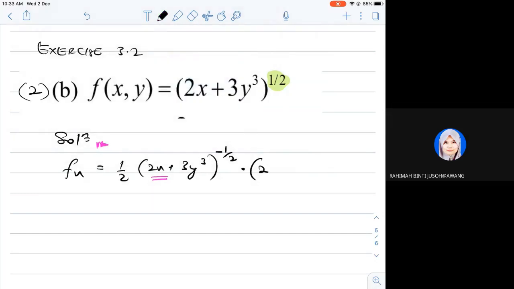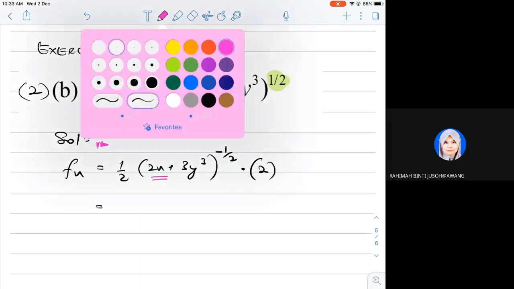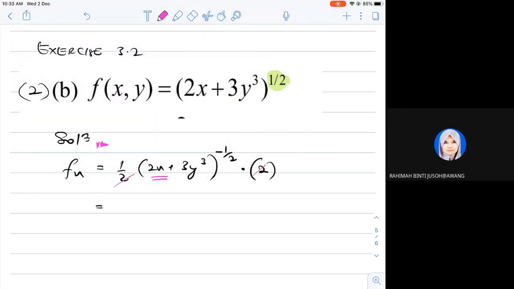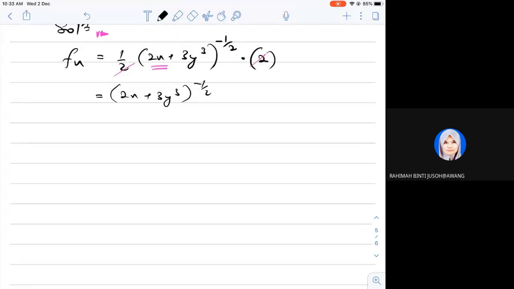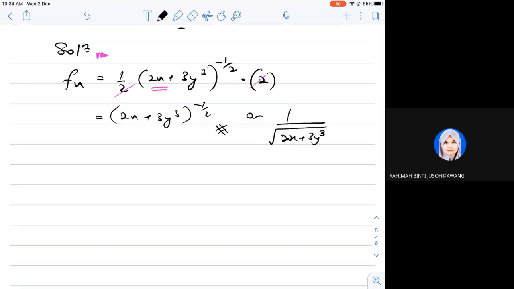Good. So these 2 can be cancelled. So we just have 2x plus 3y cubed to the power of negative half. That's the answer. Or you can also write it this way, 1 over square root of 2x plus 3y cubed. Because of the negative, it becomes the denominator, bring it down.